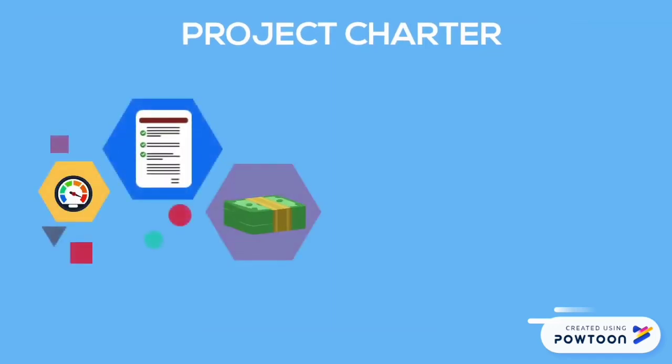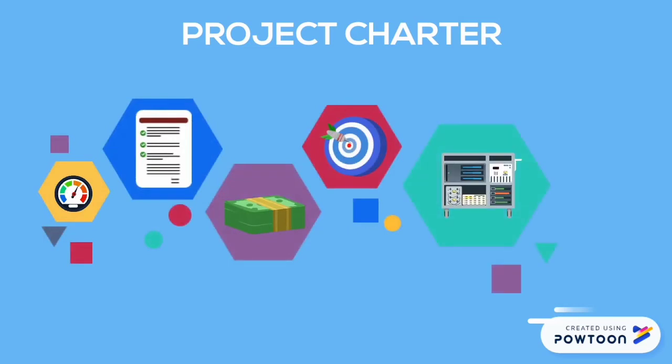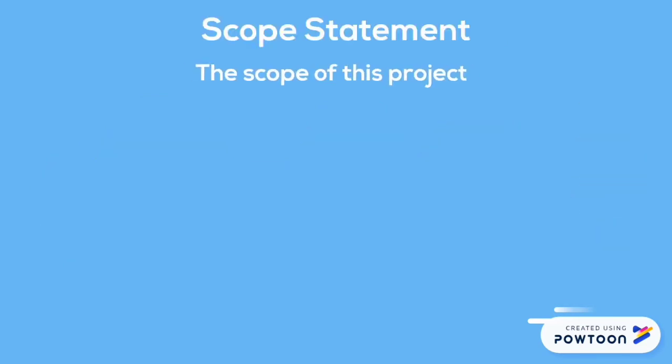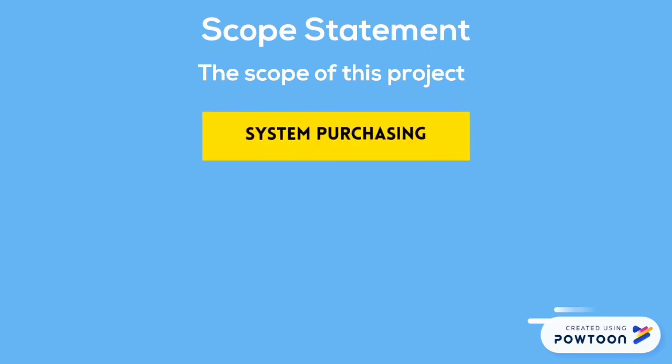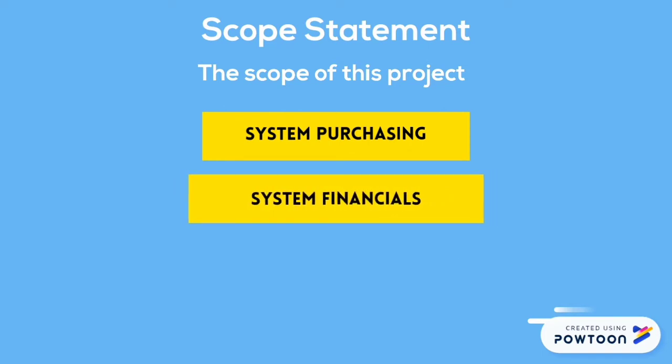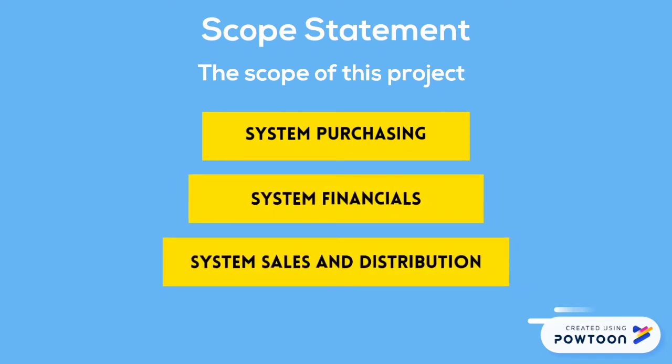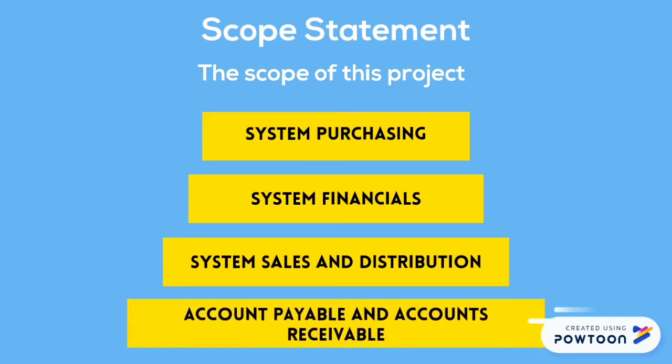Project charter in this project are about MOV, schedule, budget, quality issues, resource required, and assumption and risk. Scope statement. The scope of this project are: number 1, system purchasing; number 2, system financials; number 3, system sales and distribution; number 4, account payable and account receivable.